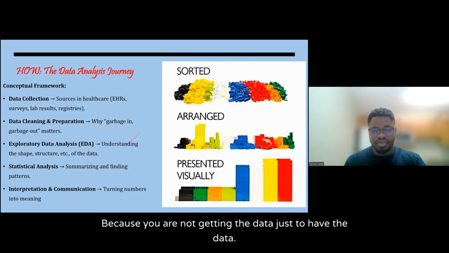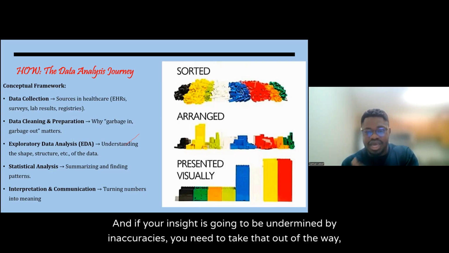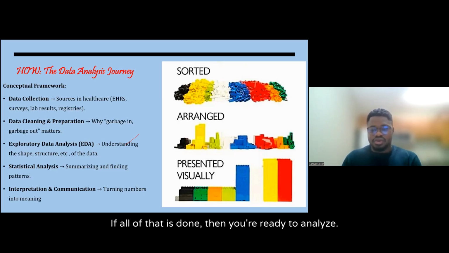Because you are not getting the data just to have the data. You are getting the data to have an insight. And if your insight is going to be undermined by inaccuracies, you need to take that out of the way, right?